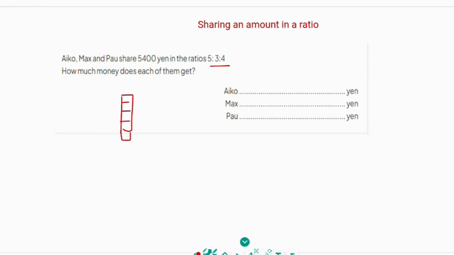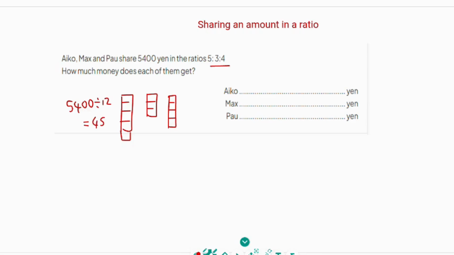So we've got 5 to 3 to 4. 5,400 divided by 5 add 3 is 8, add 4 is 12. Got 12 parts in total. Gives us 450.